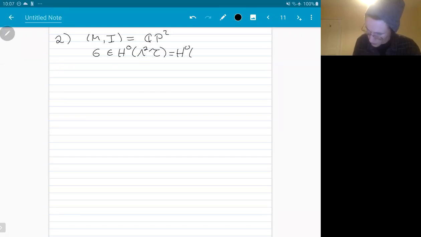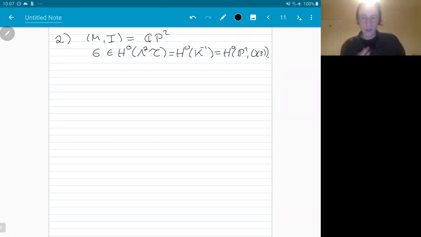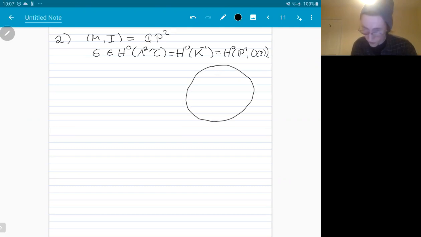Since we're on CP2, this is actually the anti-canonical bundle, which is O(3). So we just take a global bivector like this, and if it's smooth, it will vanish on a cubic curve.